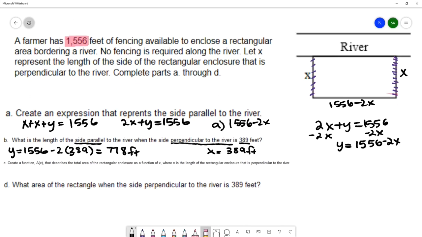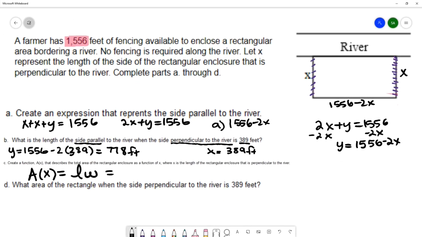So in that next part, we want to create a function, A of x, that describes the area of the rectangular enclosure as a function of x, where x is the length of the rectangular enclosure that is perpendicular to the river. So we know that area of a rectangle is going to be length times width.